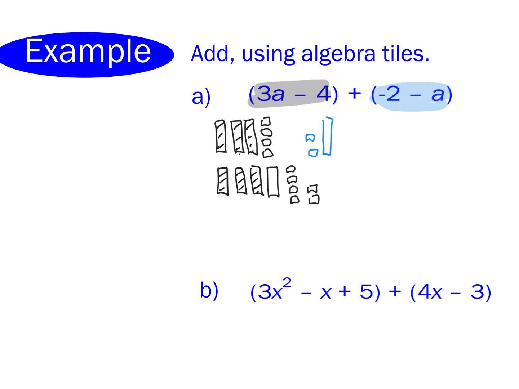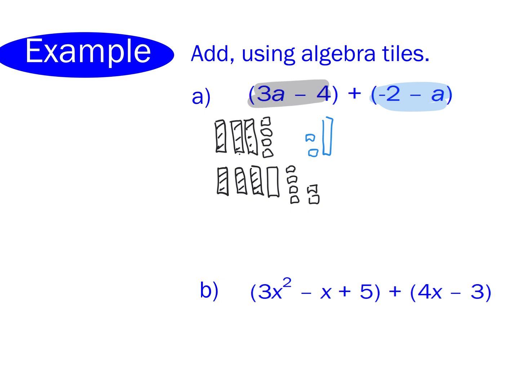And once we group our like terms, what do we look for? We look for 0 pairs. So let's look at our rectangles. When we look at our rectangles, do we see shaded and unshaded?